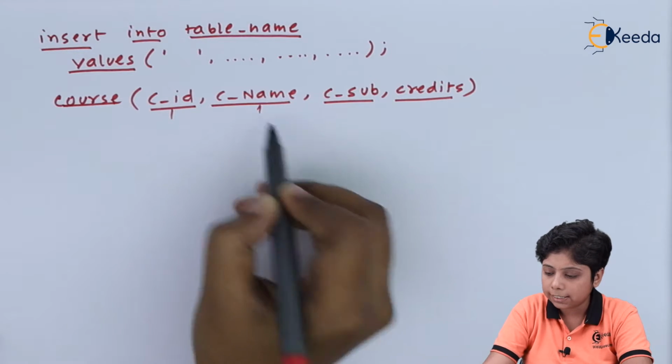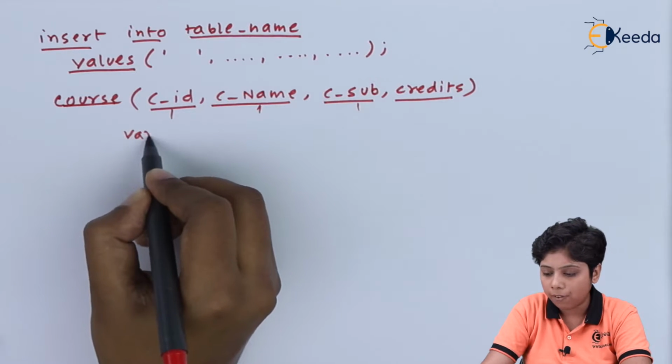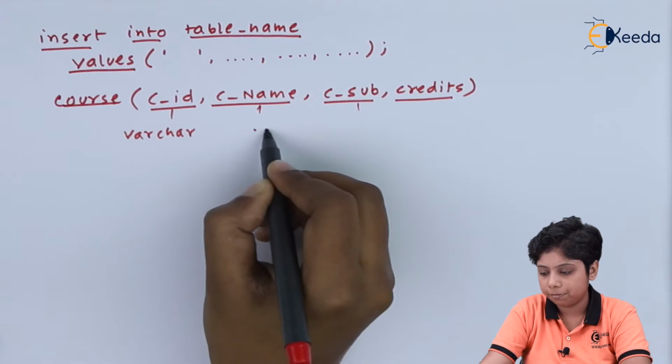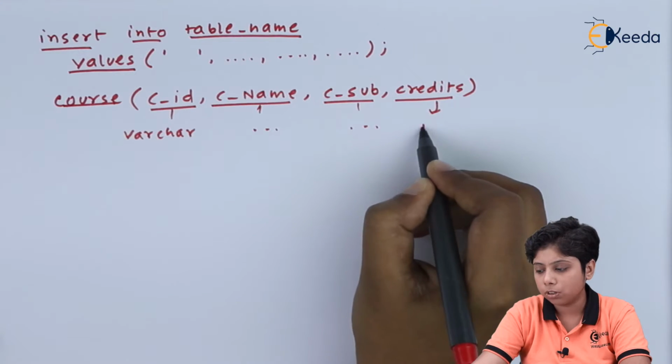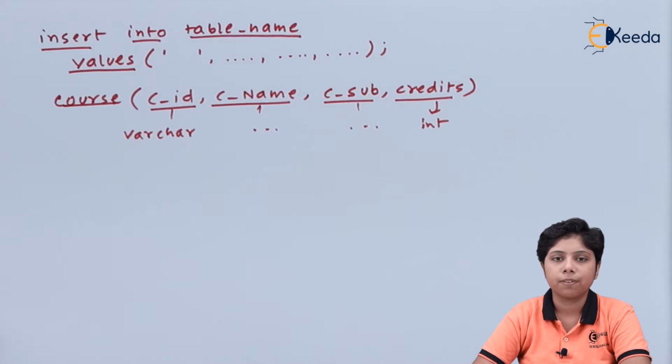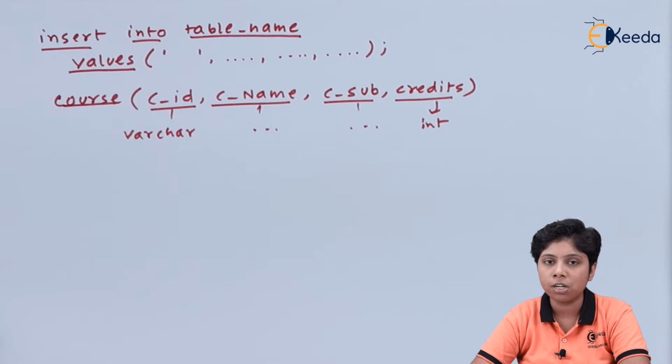The CID, CNAME, CSUB are all varchar and credits is an integer. Now if I put wrong data types into the wrong attributes, then it will create an error and the insertion will not be possible.